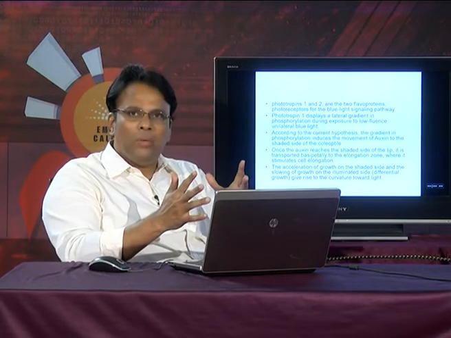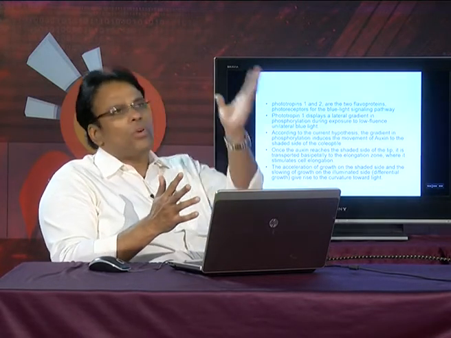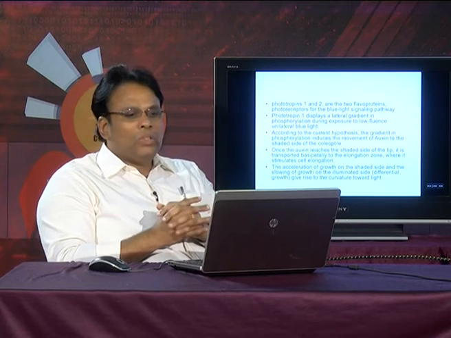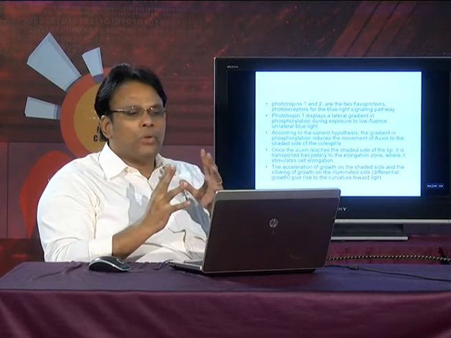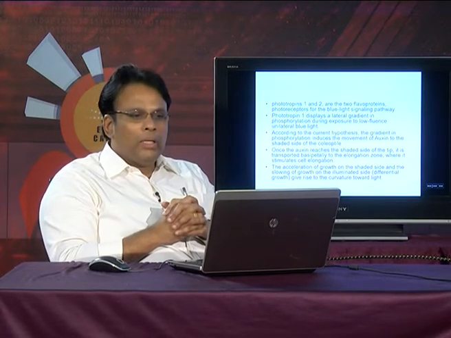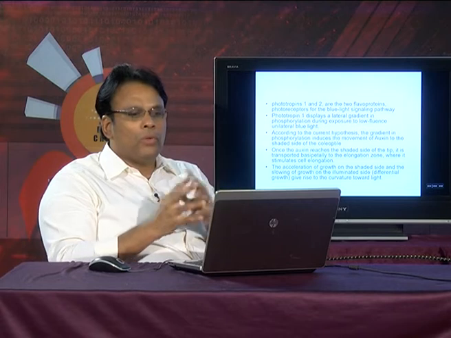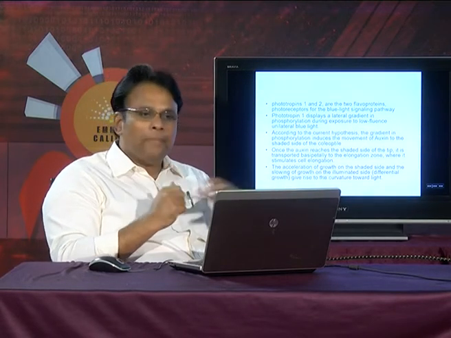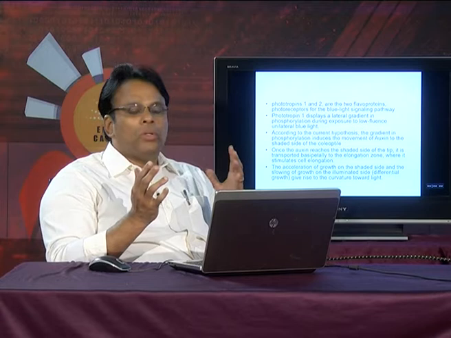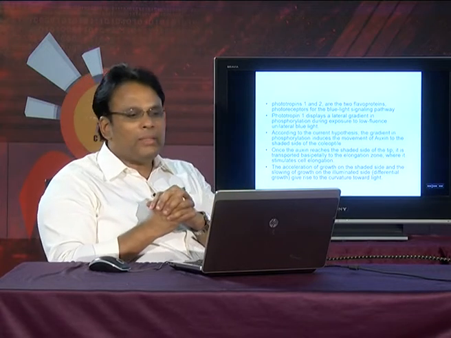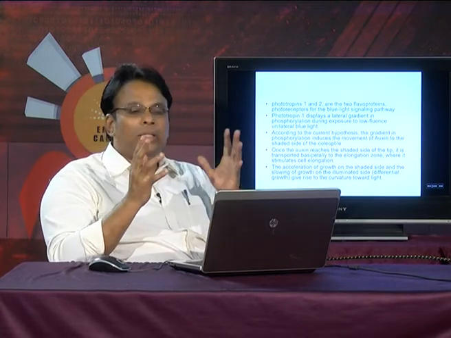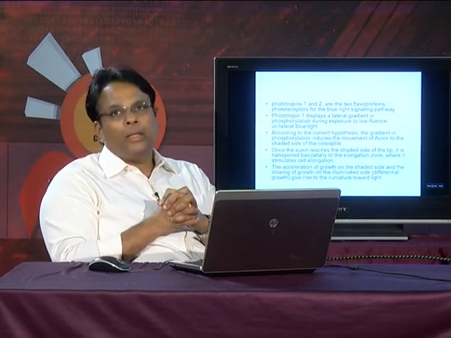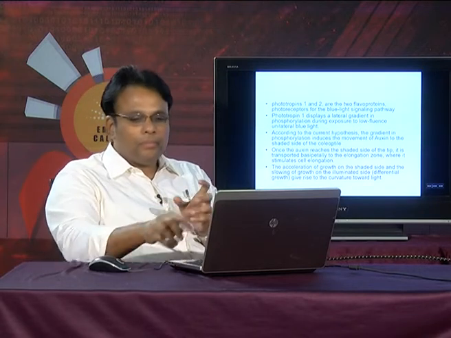So that is specifically what is happening here. More auxin migrating to the opposite side will bring about the slowing of growth on the illuminated side. The acceleration of growth on the shaded side and the slowing of growth on the illuminated side will take place. As a result, curvature of the coleoptile tips takes place.